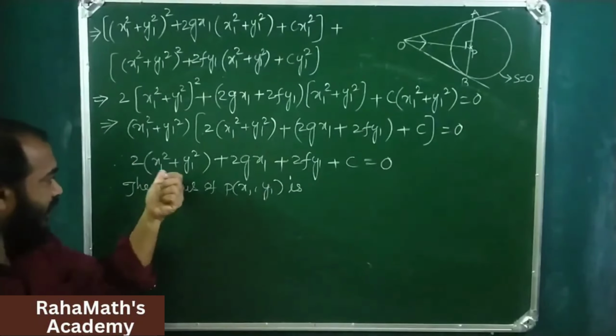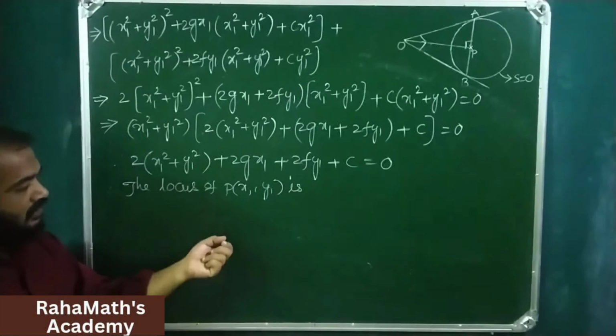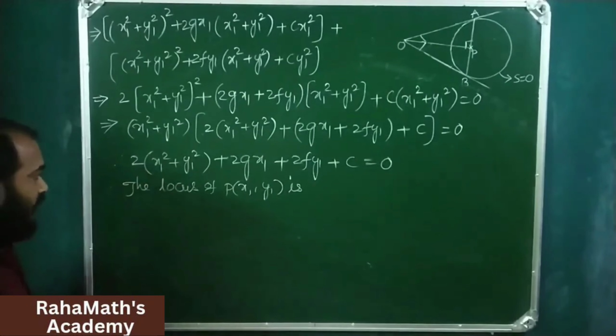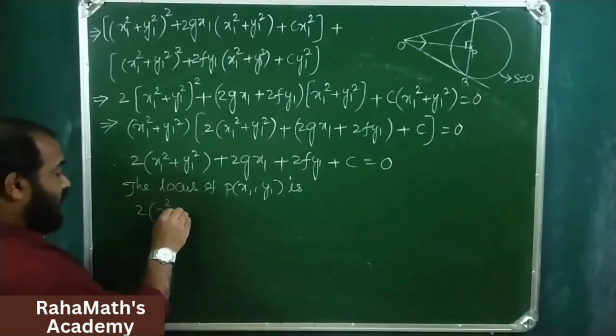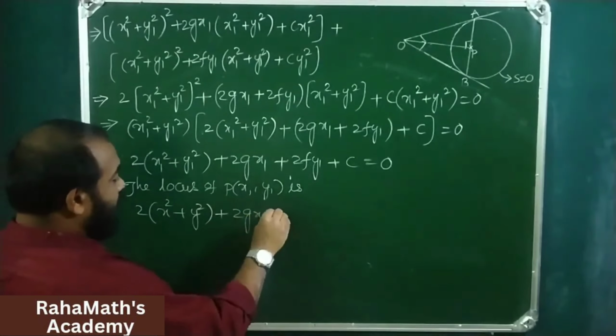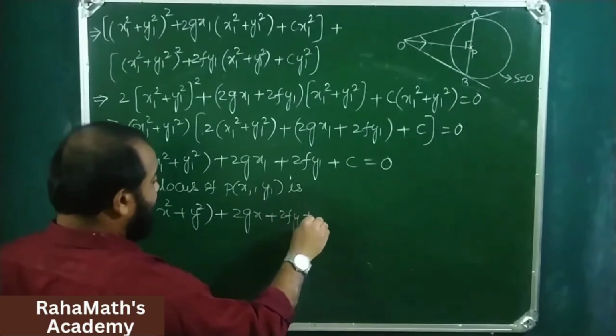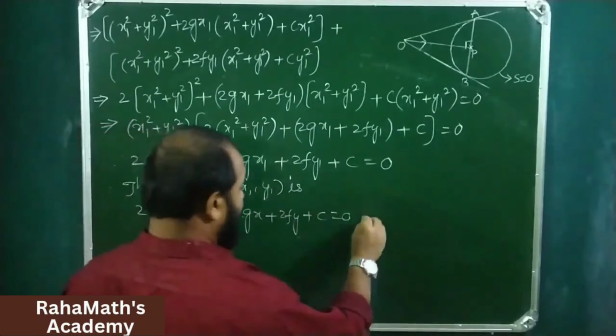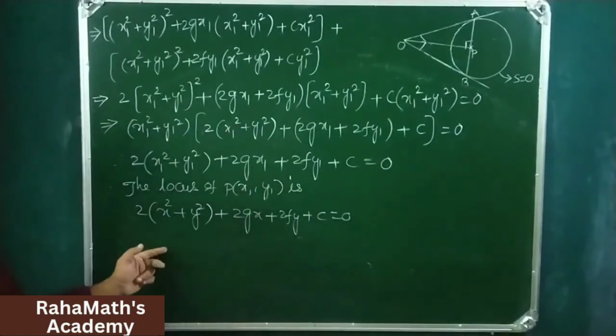So wherever you find x1 y1, you simply take x y. Then 2 into x square plus y square plus 2gx plus 2fy plus c equals to 0 is the locus of P.